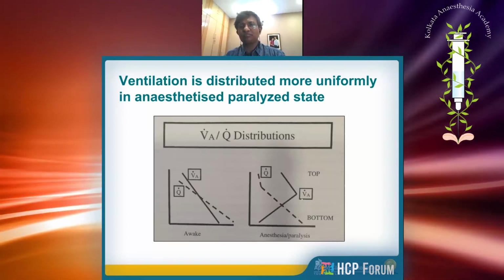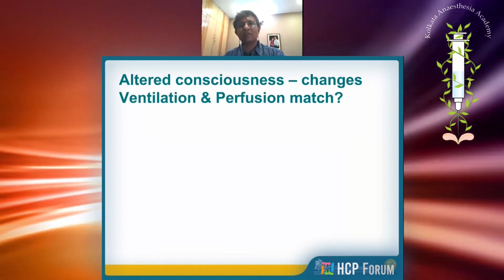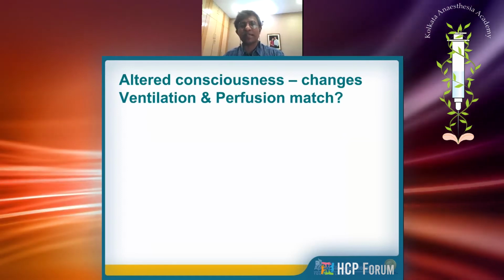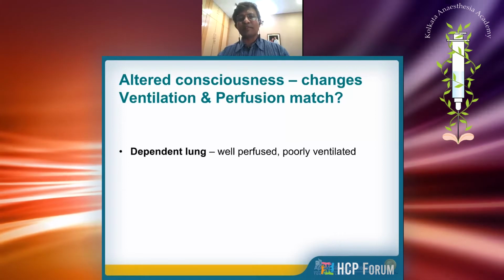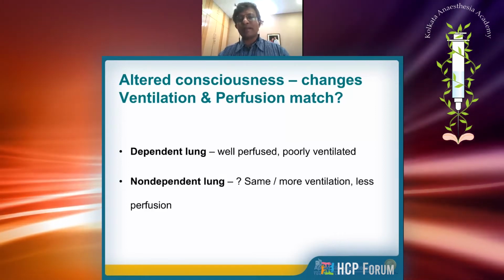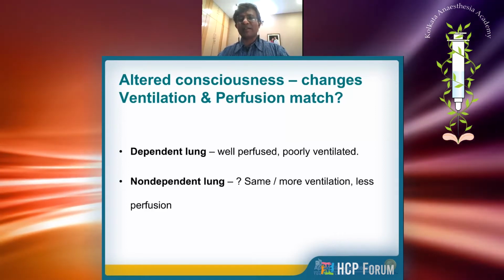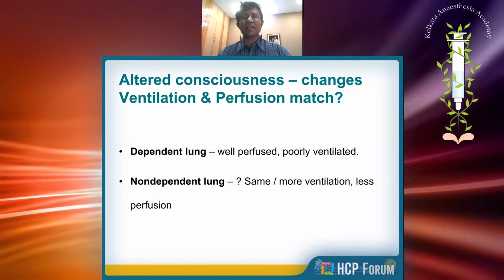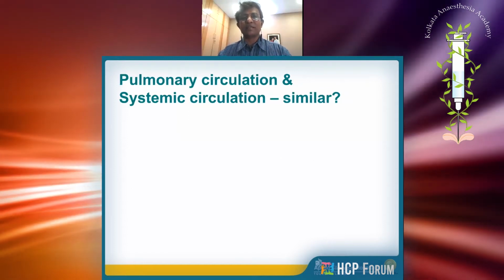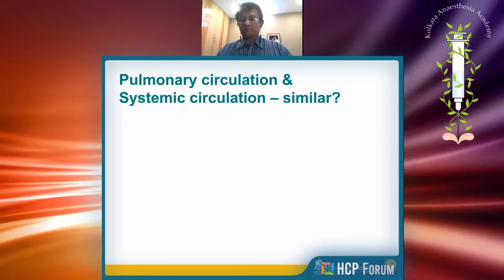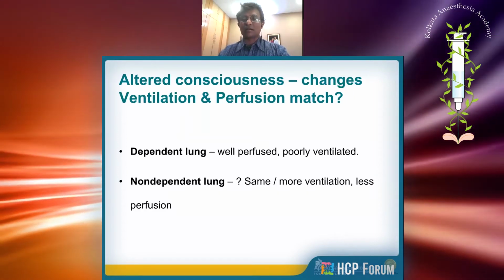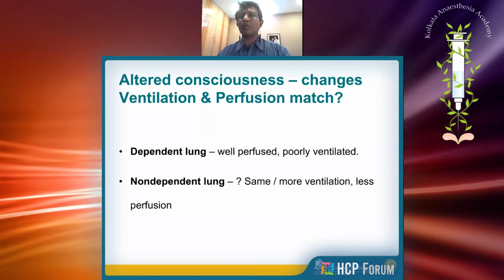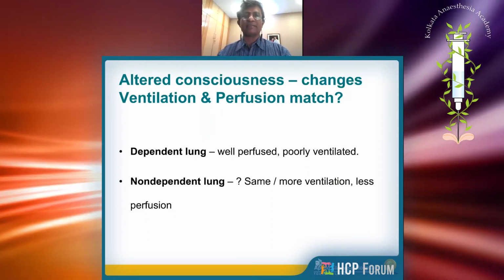This leads to a mismatch of ventilation and perfusion with anesthesia. So the dependent lung becomes well perfused and poorly ventilated, whereas the non-dependent lungs might have similar ventilation but definitely has less perfusion. So this is with the advent of anesthetics, in contrast to what is happening without the anesthesia.